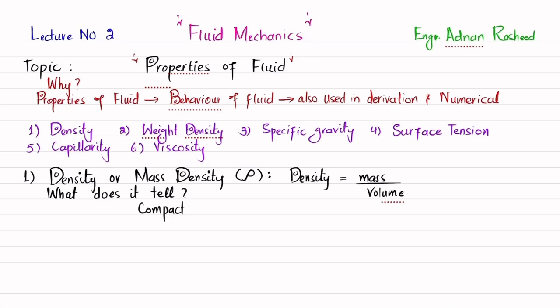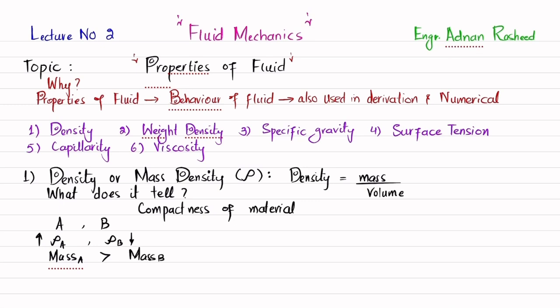And it shows the compactness of material, that is, how compact the material is. For example, if you have two materials A and B having density rho A and rho B, if the density of A is high and the density of B is low, it means that there is more mass of A present per unit volume as compared to the mass of material B per unit volume.